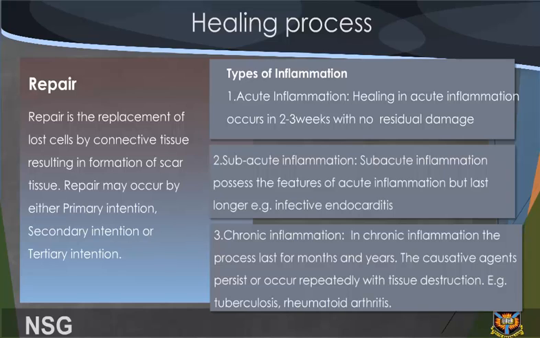Chronic inflammation. In chronic inflammation, the process lasts for months and years. The causative agent persists or occurs repeatedly with tissue destruction, e.g., tuberculosis, rheumatoid arthritis.